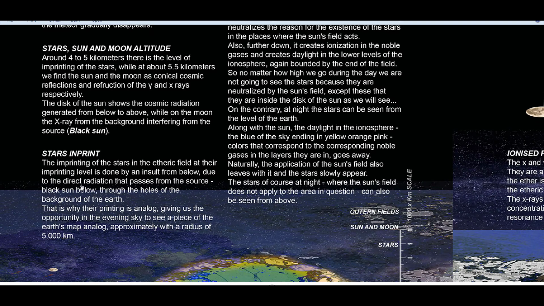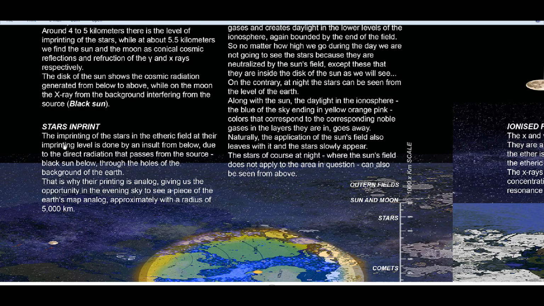Stars imprint. The imprinting of the stars in the etheric field at their imprinting level is done by not an insult, but an influx from below, due to the direct radiation that passes from the source, which is the black sun below, through the holes of the background of the Earth. So below the Earth, we have the black sun, which is a source of electromagnetism.